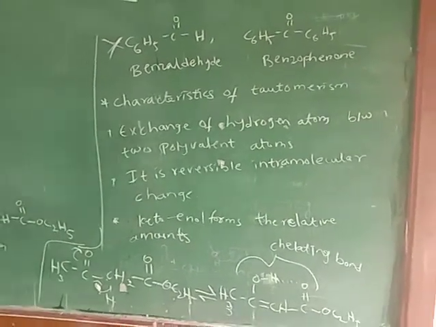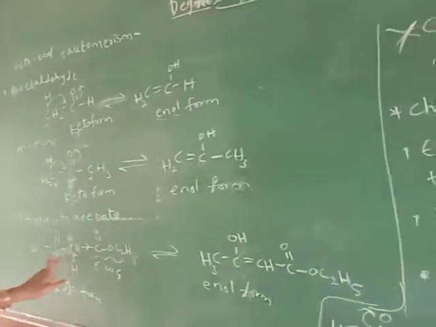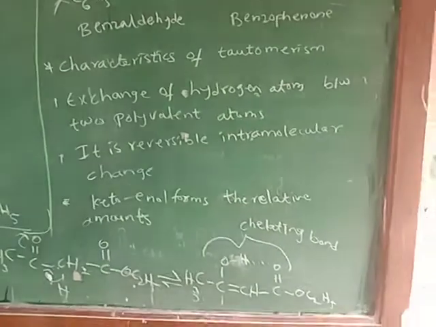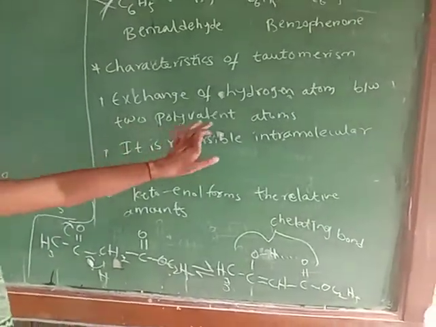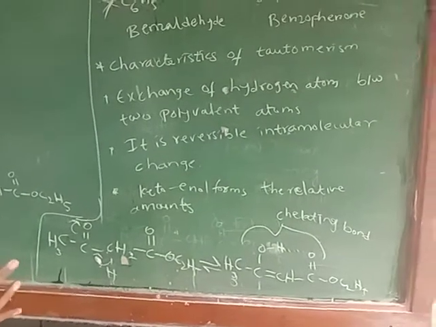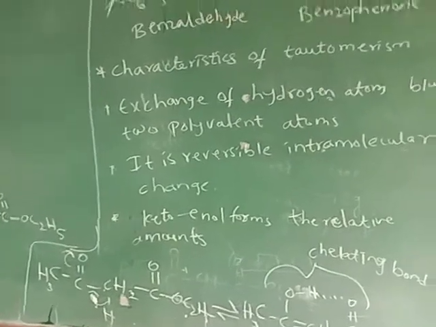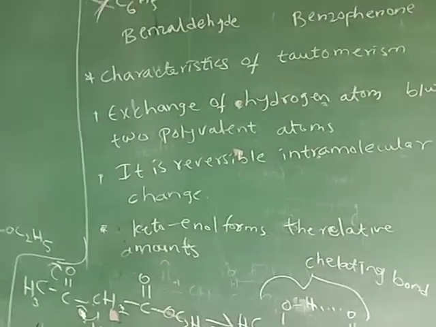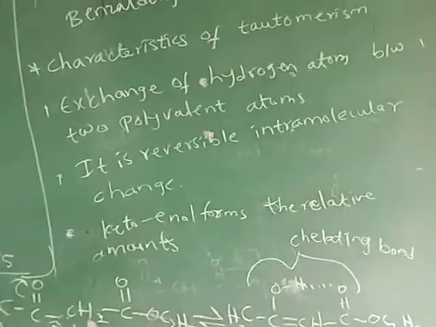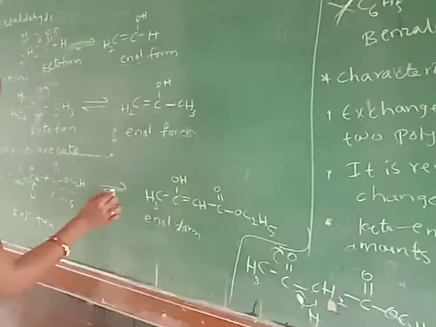See here, the hydrogen is shifted from the alpha carbon to oxygen. So in keto-enol tautomerism, there is exchange of a hydrogen atom between 2 polyvalent atoms. Poly means many. Between the 2 atoms the exchange of hydrogen takes place, and it is reversible. Reversible means the rate of the forward reaction is equal to the rate of the backward reaction. Reversible reaction is indicated by half-headed arrows.